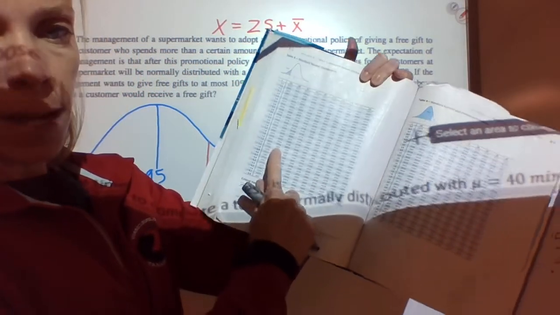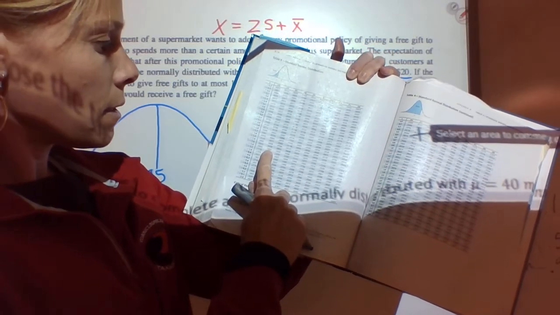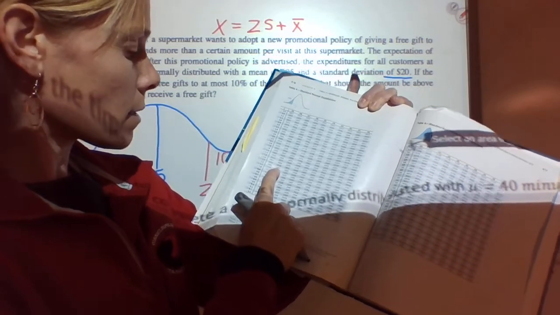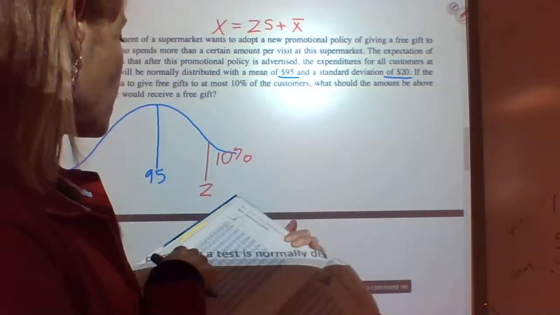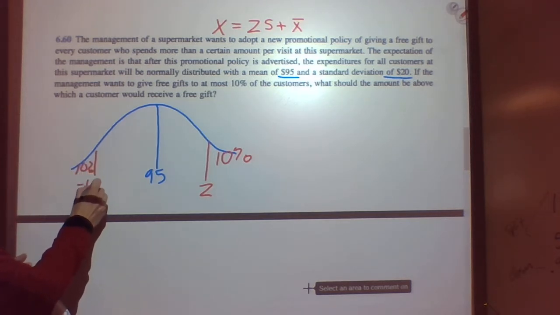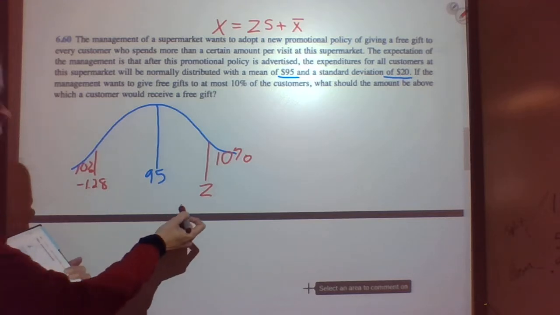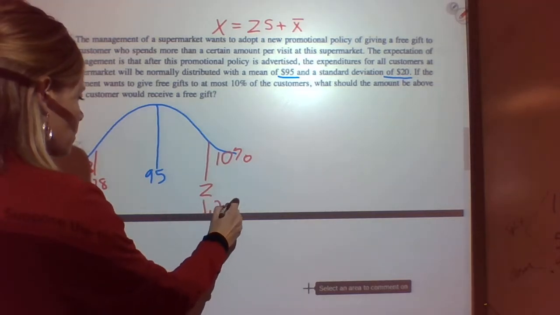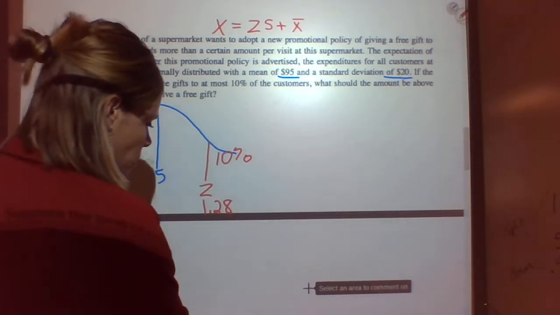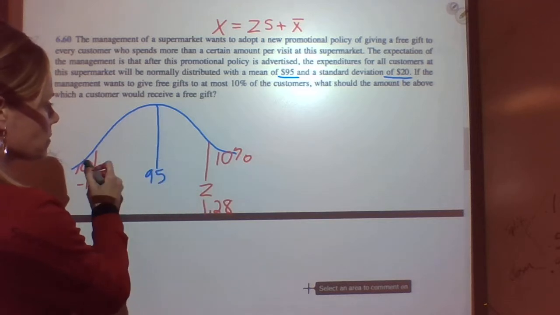And it's not in here exactly, but it's pretty darn close to negative 1.28, right? Negative 1.28. Now, negative 1.28 gives me the bottom 10%. So I know this z-score must be a positive 1.28, okay? If you don't like that way, the other way you should have done is, if I know this is 10%, what's this?